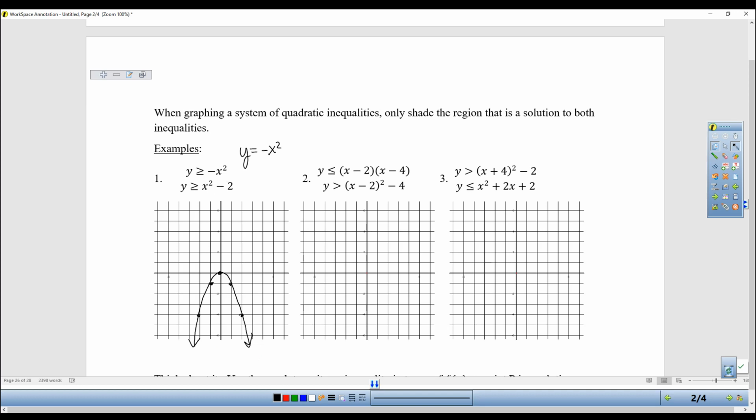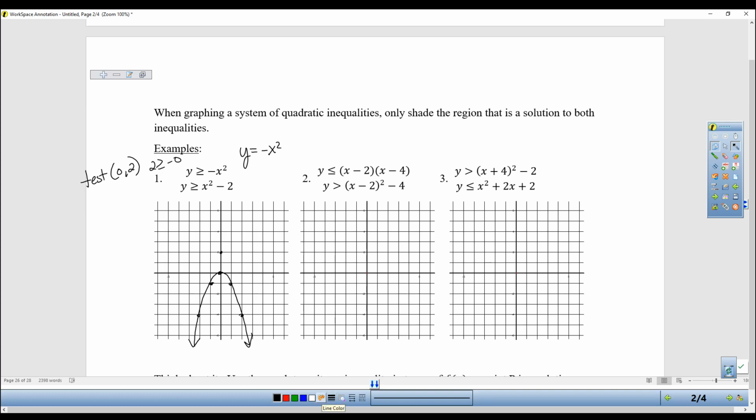So I'm going to have to test a different point. I'm just going to test, I don't know, 0, 2. So I'm going to test 0, 2. When I put a 2 in for y, is that greater than or equal to negative 0? It is greater. So I do want to shade that whole region.